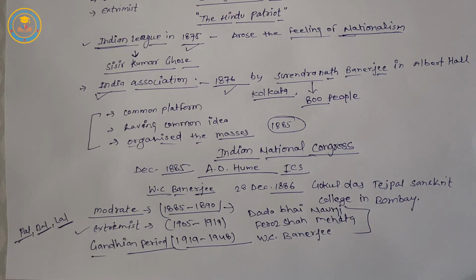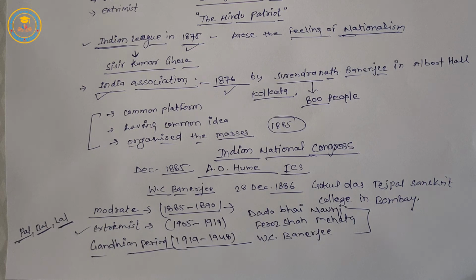Congress was divided into moderate and extremist in 1907 in the Surat session on the question raised by Lokmanya Tilak. They were not in favor of the views of the moderate leaders. Tilak said that lack of self-rule would mean no progress, no real education.